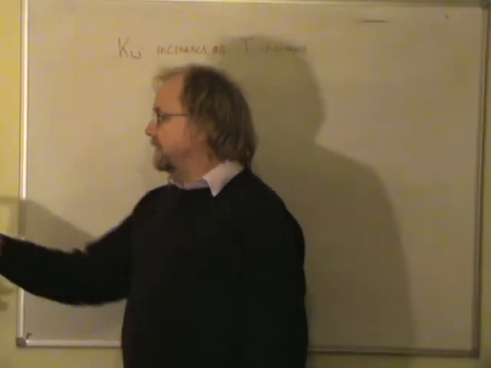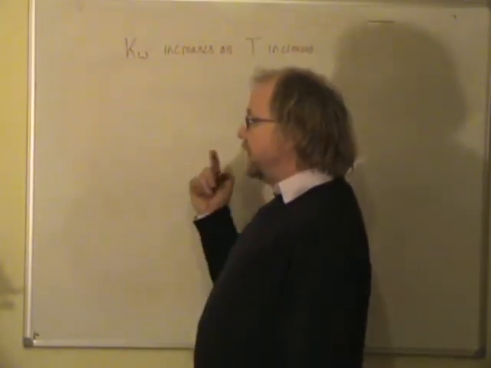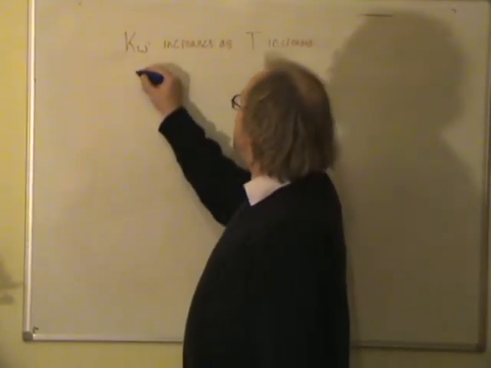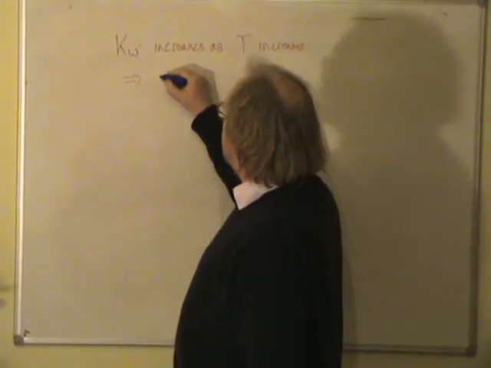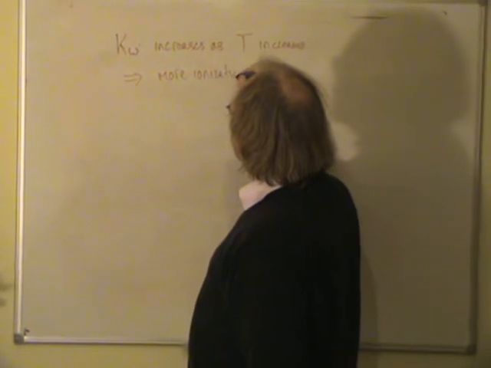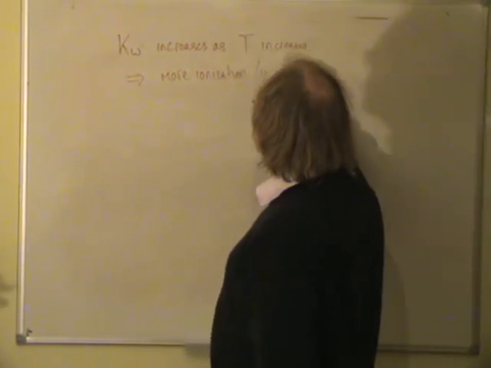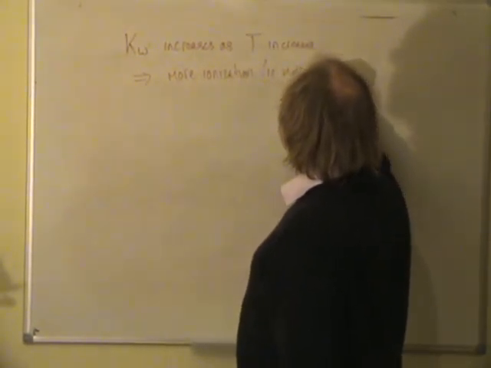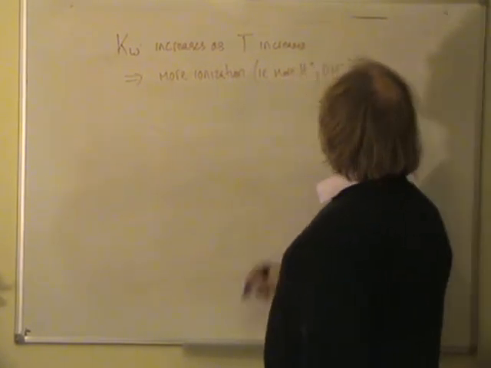And then remember that just from the definition of Kw, if its value increases, that means that there's more ionization. In other words, more H plus and OH minus as the temperature increases.